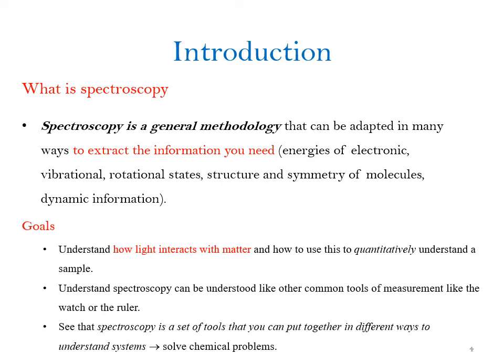The goal of spectroscopy is to understand how light interacts with matter and how to use this to quantitatively understand the sample. It also helps us understand common tools of measurement like a watch or a ruler, and tools that you can put together in different ways to understand systems, and helps us to solve some kinds of chemical problems.